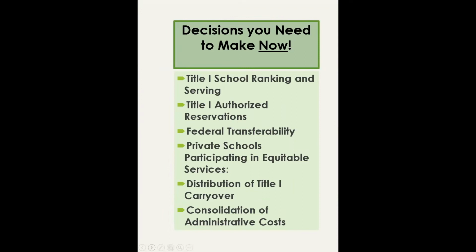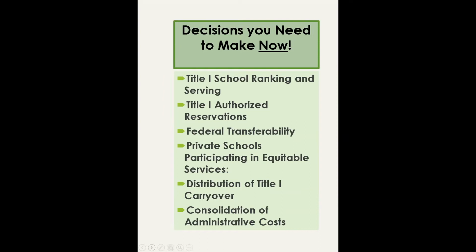Also, authorized reservations. Title I has some required and allowable reservations. You report them in February, but you need to be spending that money and determining how much you're reserving now. Federal transferability: you can transfer funds among certain programs, and again, you report that later, but you need to do it now. And your equitable services, of course, you're providing those throughout the year.